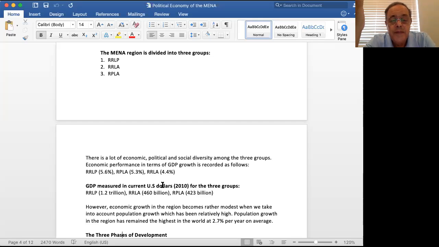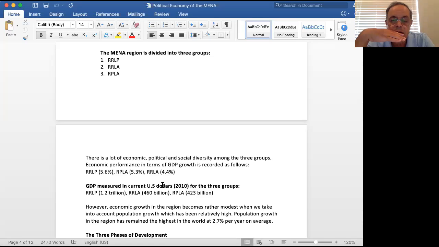So there is a lot of economic, political, and social diversity among the three groups. Economic performance in terms of GDP growth is recorded for the resource-rich, labor-poor to be about 5.6% per year. For the resource-poor, labor-abundant, it's about 5.3, and the resource-rich, labor-abundant, 4.4.